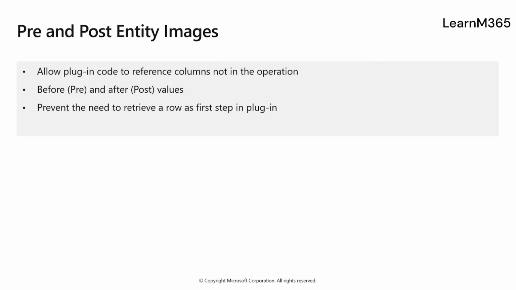So while you are retrieving table values by using organization context from within a plugin by means of a retrieve request, using table images to conduct this task is much more efficient and highly advisable. So we have pre and post entity images, which allows plugin code to reference columns not in the operation, pre and post values, and prevent the need to retrieve a row as first step in plugin.